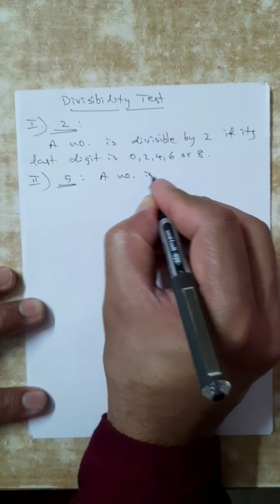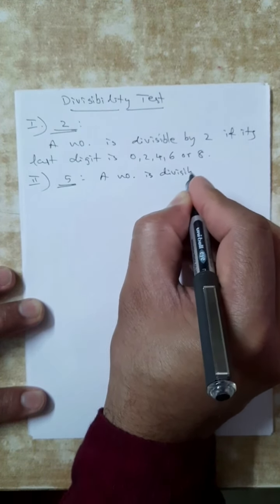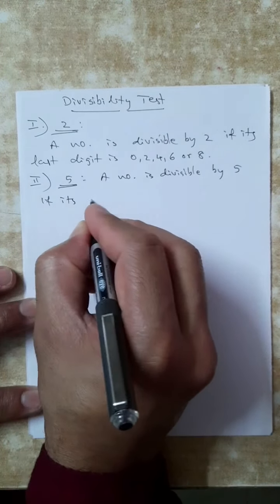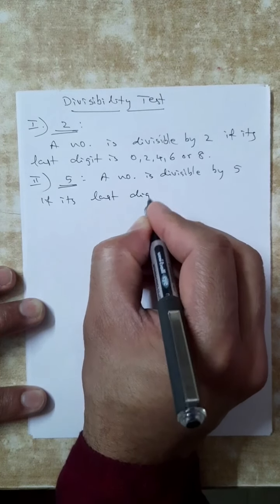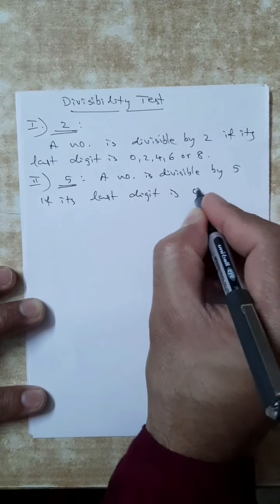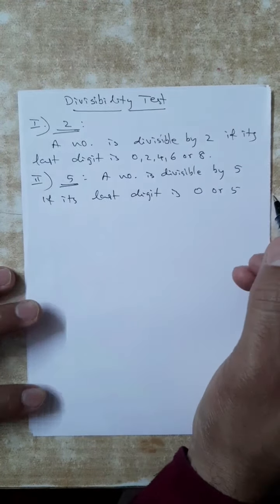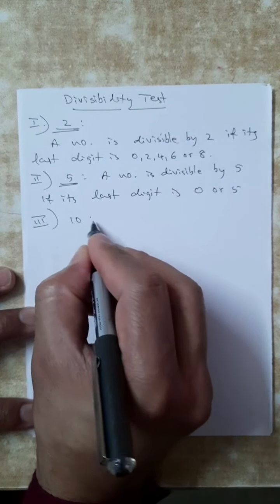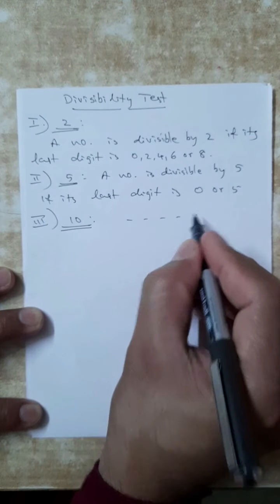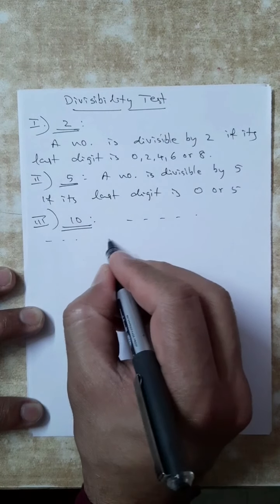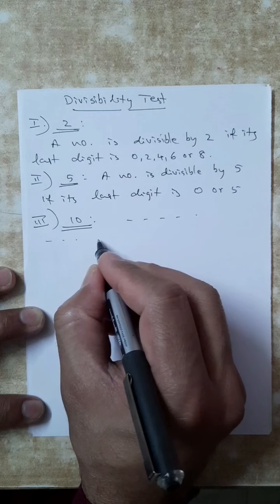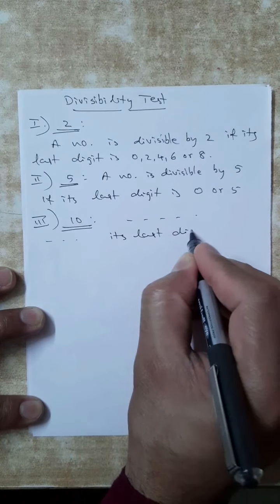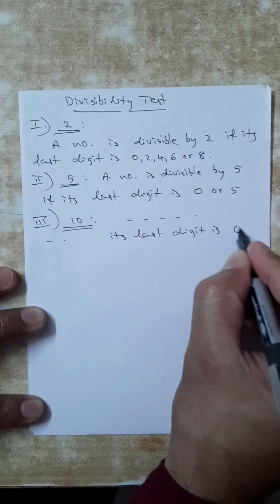A number is divisible by 5 if its last digit is 0 or 5. Next is about 10. A number is divisible by 10 if its last digit is 0.